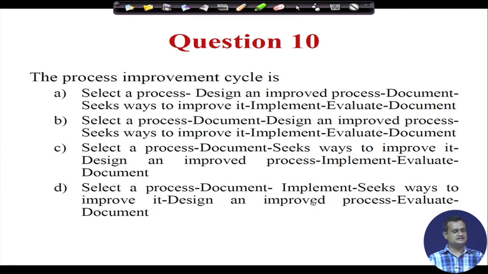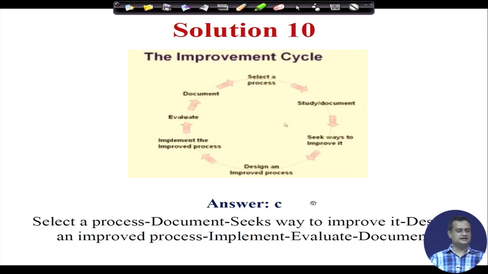And likewise C and D. The correct answer, you can also see in the figure, is C: select a process, document what are the facts about the process, seek ways to improve it, what are the possible ways, design and improve process, implement the process, evaluate and then document.